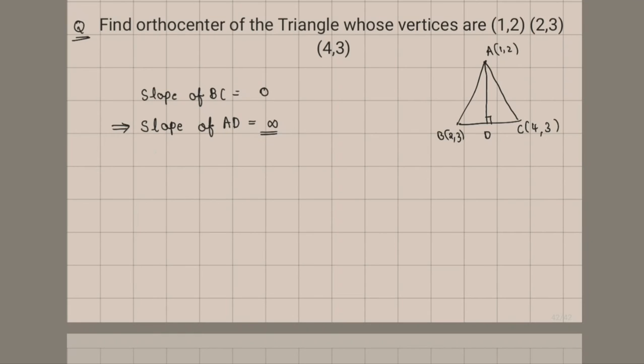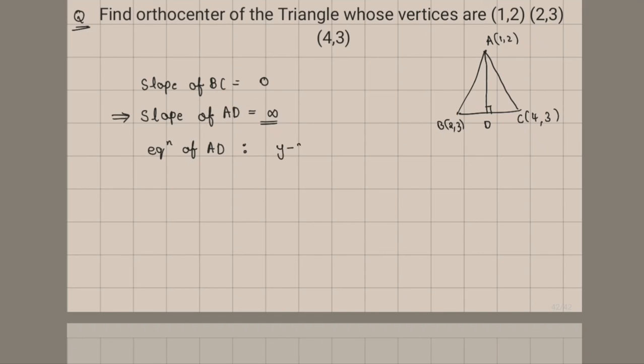The equation of AD will be y minus 2 equals infinite into x minus 1, which gives x minus 1 equals 0, which is x equals 1, which is parallel to the y-axis. x equal to 1 looks like this. So this is one of the altitudes, x equal to 1.